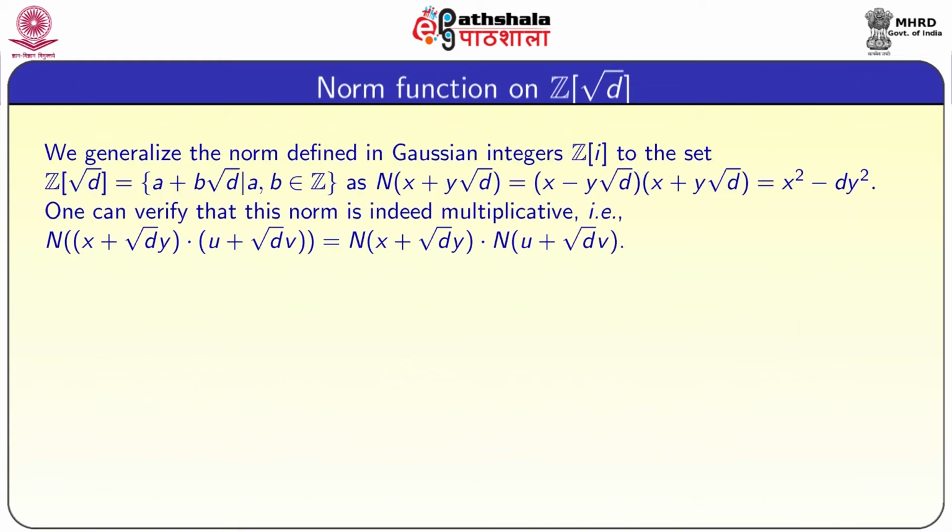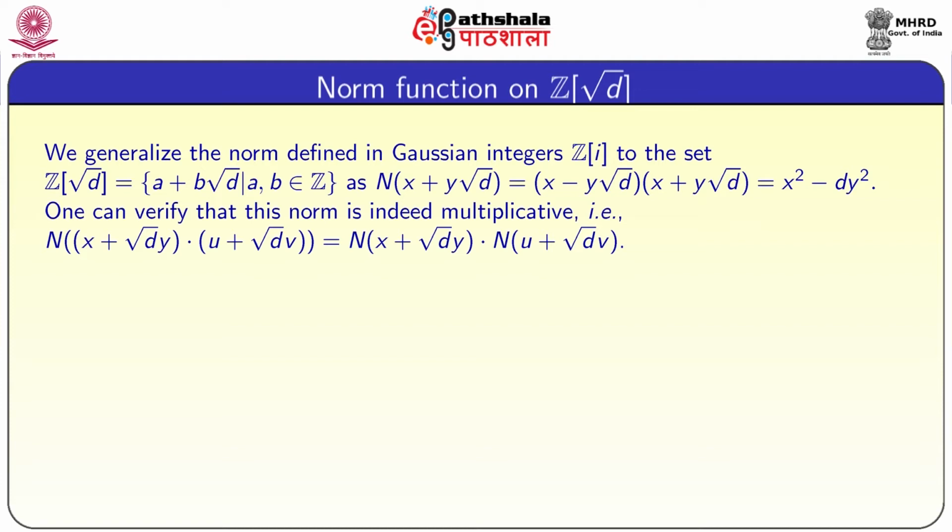So, we are going to define a norm on Z of root d. This is similar to the way we define the norm in the Gaussian integers. That is why we are generalizing the norm defined in Gaussian integers to the set Z of root d. It is defined on a plus b root d, where a, b belong to Z. That is, the norm of x plus y root d is equal to (x minus y root d) into (x plus y root d), that is equal to x square minus dy square.